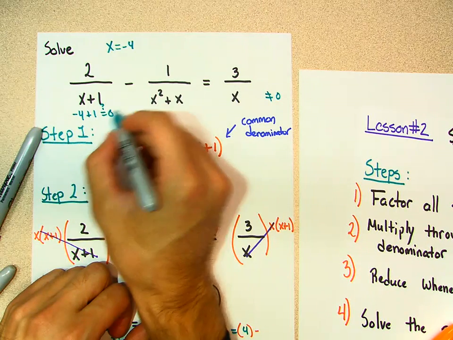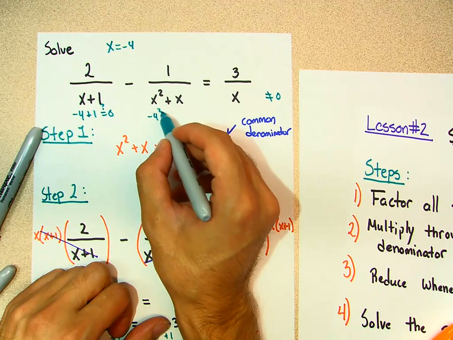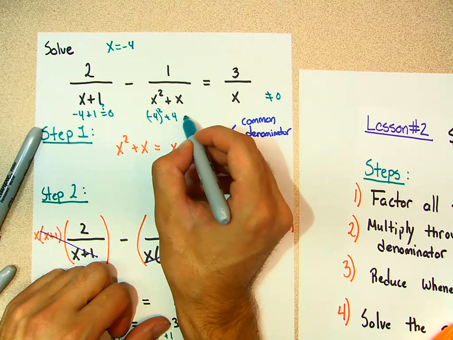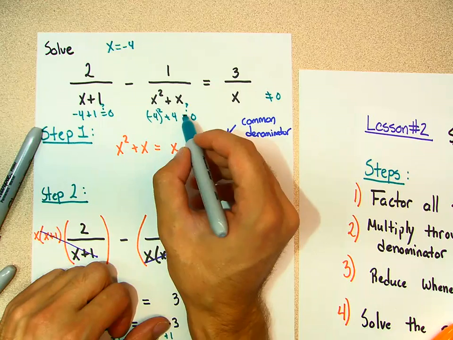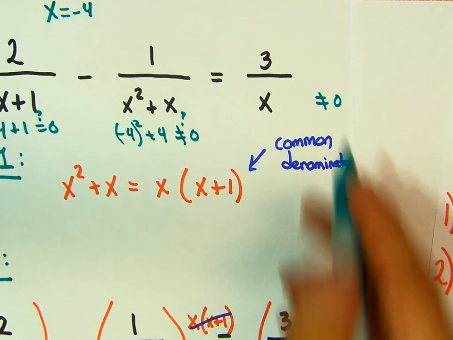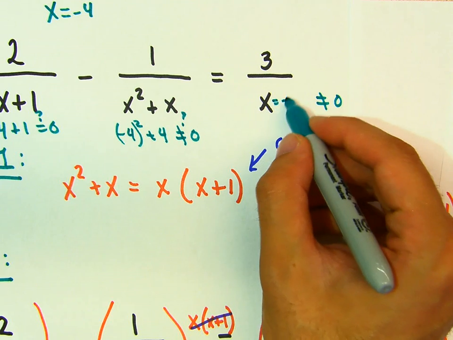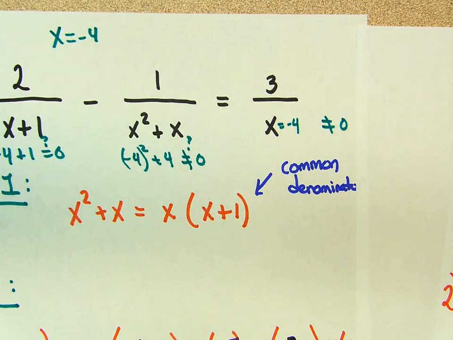No. So this is okay. What about this? What is negative 4 squared plus 4? Does this equal 0? No, this does not equal 0. So this is okay. What about here? If x is equal to negative 4, this is not 0. So you're allowed to use x equals negative 4.